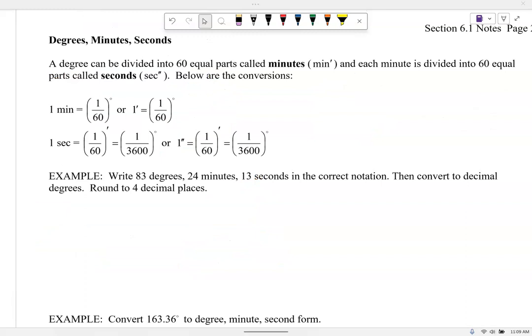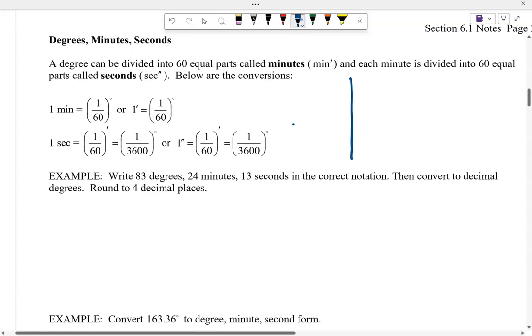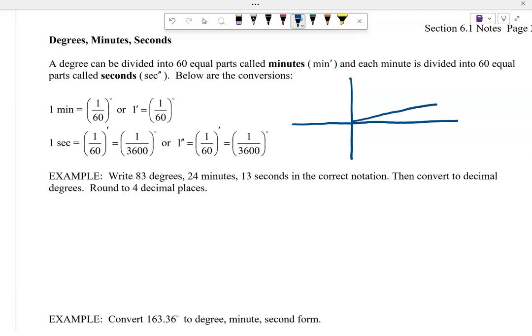We can be more precise than just a degree. Remember, it takes 360 degrees to go around once. So 1 degree is 1/360th of the way around. Every 1 degree is made up of 60 minutes.